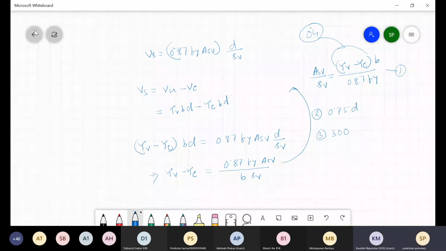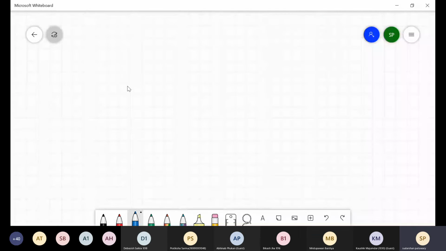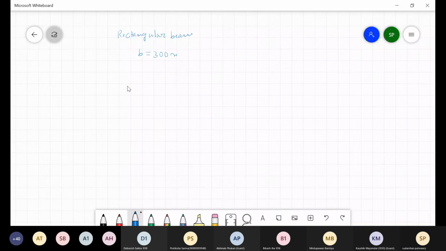Yes sir. So just quickly we will solve one problem. A rectangular beam is given, width equal to 300 mm. Overall depth is given 500 mm.